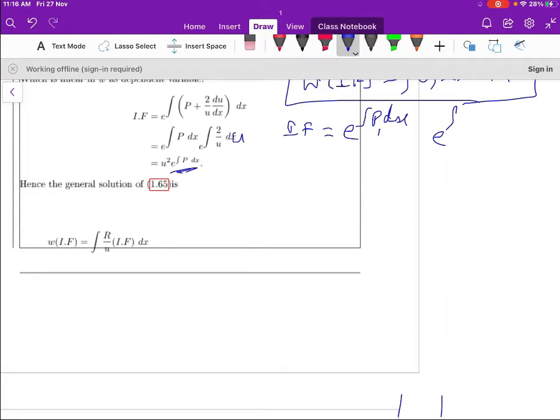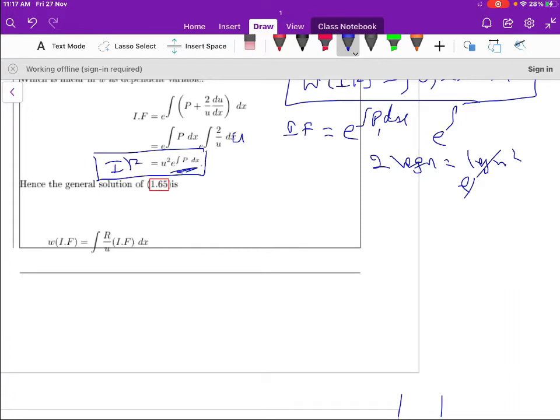And e to the power of integral of 1 by u du, that is log u, so 2 times log u. 2 times log u can be written as log of u square, and e to the power of log cancel, that is u square. So this IF is equal to u square into e to the power of integral of p dx.